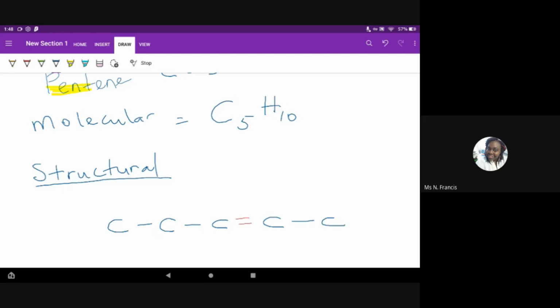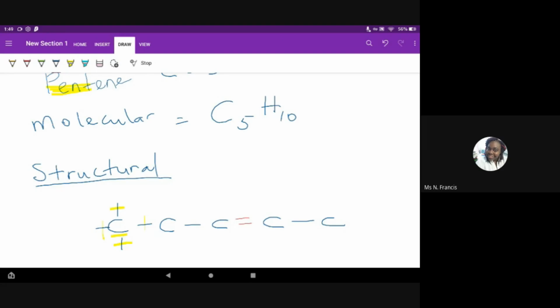How many available bonds will there be for carbon number 1? Remember, it must have a total of 4. I have 1, 2, 3, 4. That's my 4 for carbon number 1.